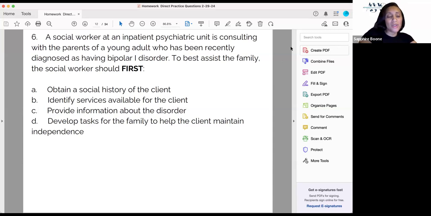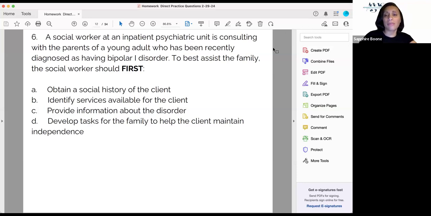So remember, when we do a social history, that's typically to give us some type of information about the problem. So the problem is not the disorder, or it doesn't even give us any information about what the behaviors were for us to diagnose, but it's now trying to assist the family with the diagnosis, right? How can we help them with the diagnosis of their child?